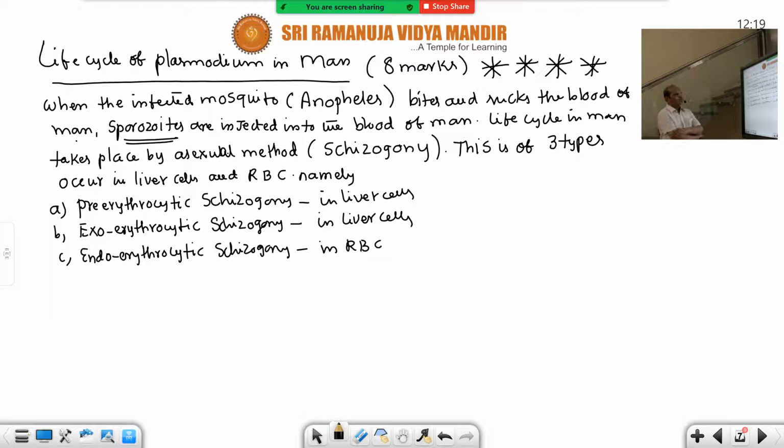So like that, the life cycle of Plasmodium in man is divided into three stages. The first stage is A, pre-erythrocytic cycle or pre-erythrocytic schizogony.